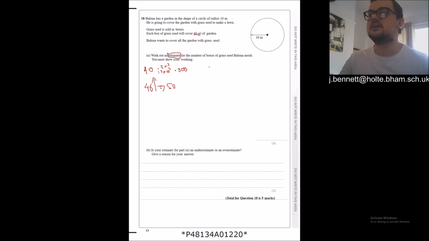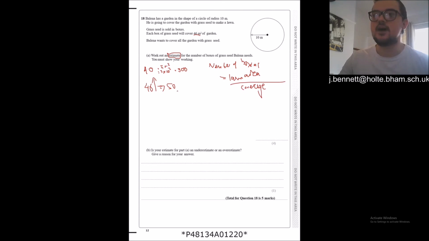Then we're going to say that the number of boxes equals the lawn area divided by the coverage of the box, how much area the box will cover.